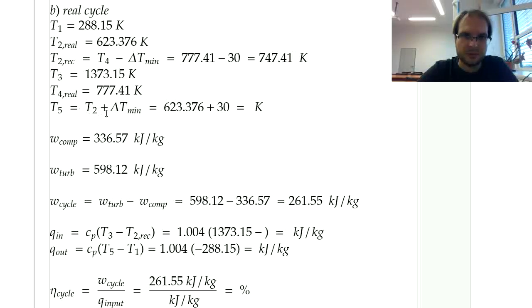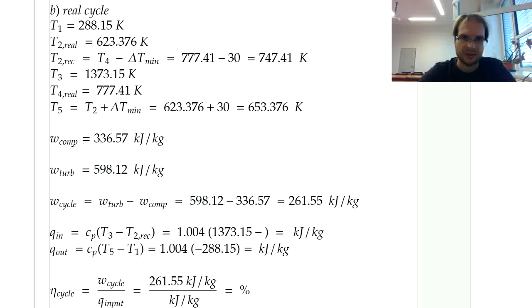Now for the temperature at the outlet of the recuperator, temperature T5, the calculation is that it's temperature T2, the temperature after the compressor, 623, plus the minimum temperature difference so that the heat can start flowing to the working fluid from the hot exhaust gas, and it's 653.376 kelvins.